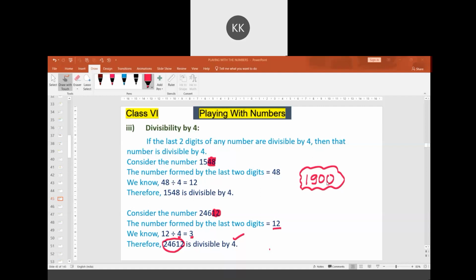We should not consider that. And you must remember, if the number is ending with two zeros, then the number is divisible by 4. The simple example I am going to take is 100. 100 is divisible by 4 and we get the result as 25.